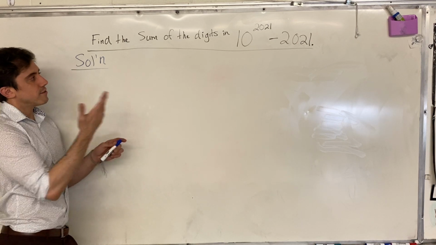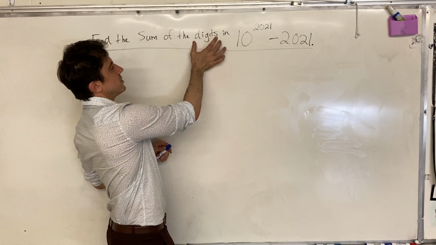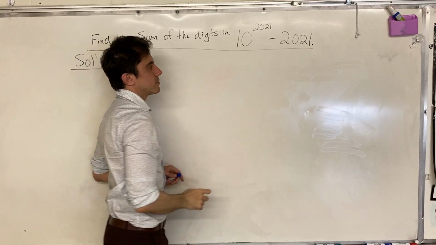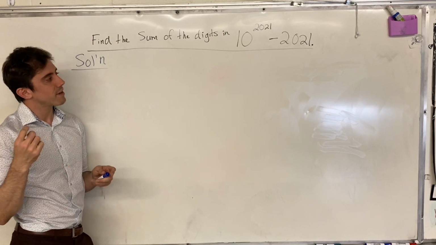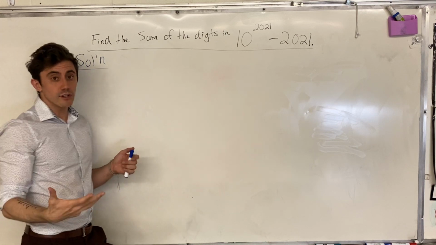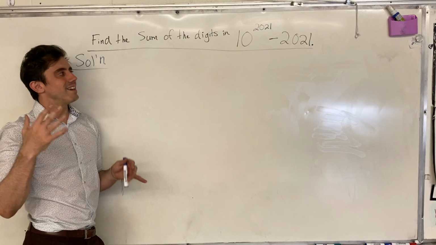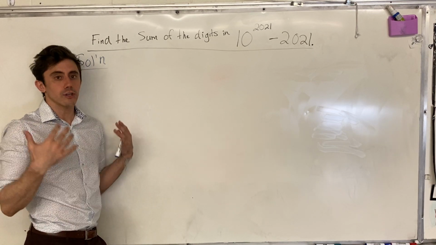And so I think this is really where our understanding of the mathematics that we're studying is put to the test. For an example like this, we want to look for the digits in the expansion of 10 to the power of 2021 minus 2021. So I'm going to start off and I'm going to repeat this several times, I'm sure, over the course of the video. My first recommendation, whenever you're solving a problem that you don't immediately know where to start with, is just write down anything that comes to mind that you think could be relevant.